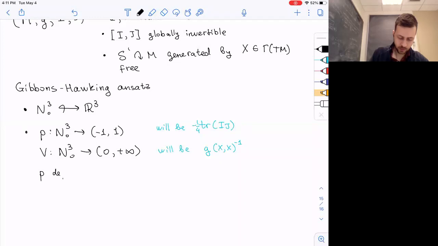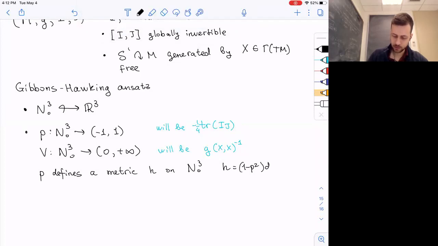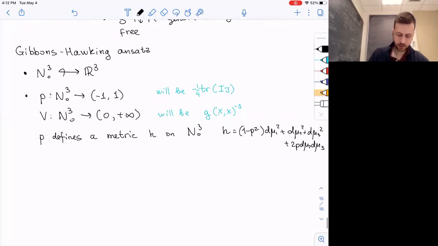P defines a metric H. Well, it actually lives on N. And we can write it explicitly in coordinates if we would like to. And with this metric, we can also write a two form.